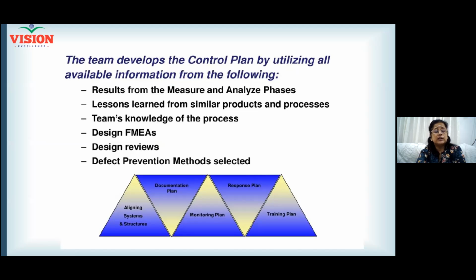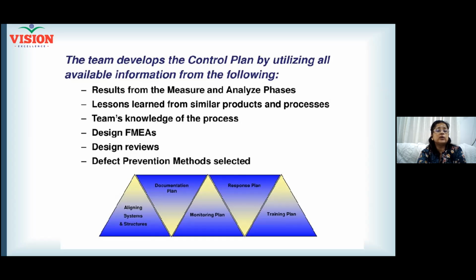And the new lessons learned from similar products and processes should be properly documented and put in a control plan. And there is the team's knowledge of the process, the old process and the new process.